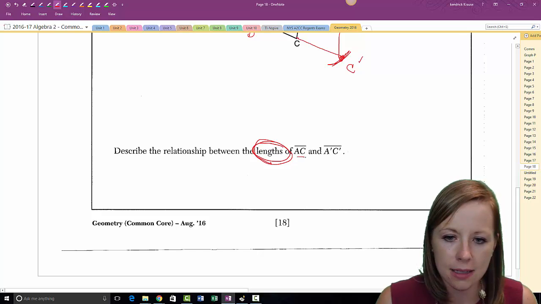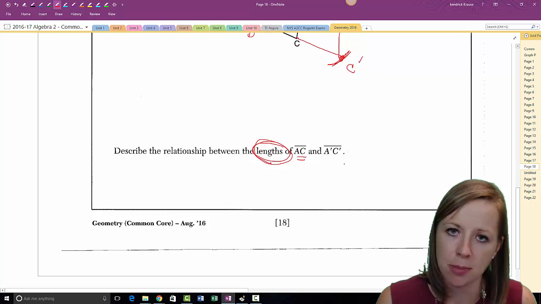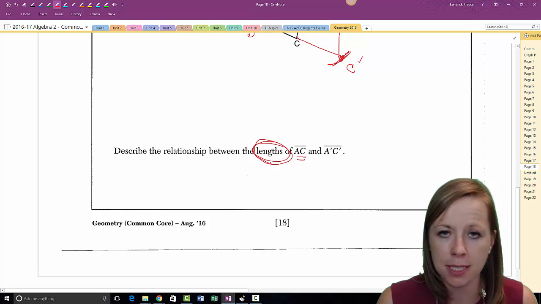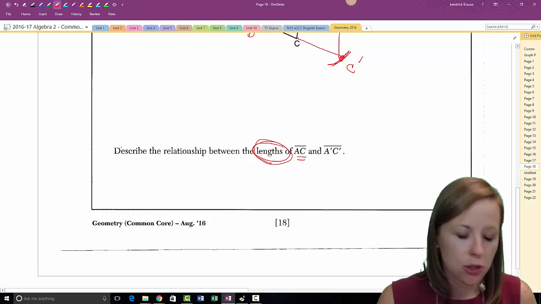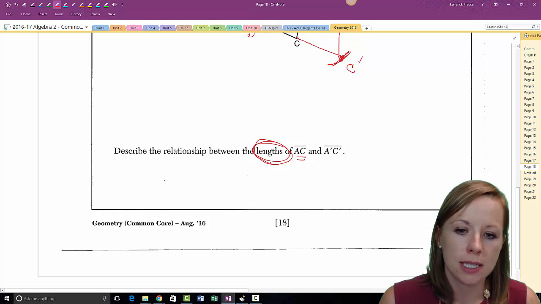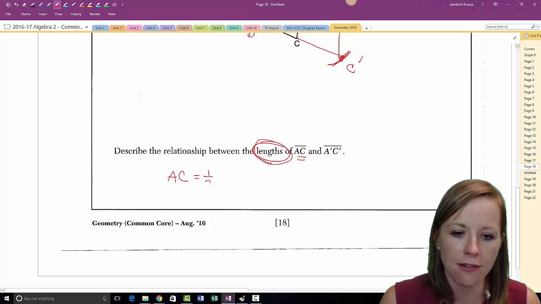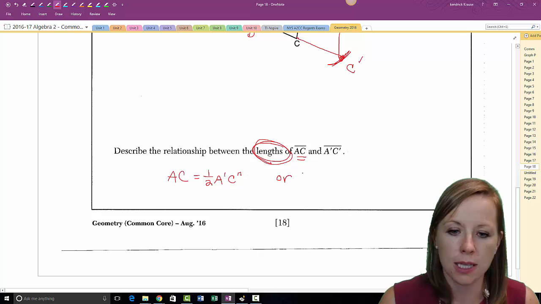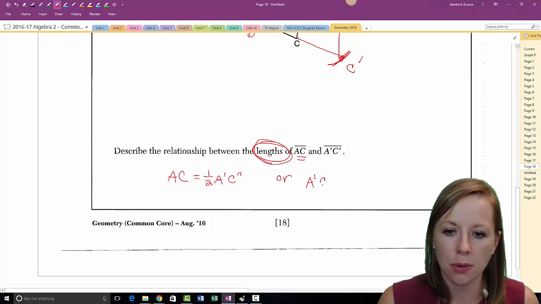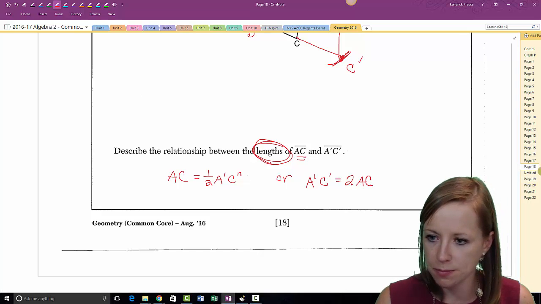So AC is what in terms of length? It's half of A prime C prime, or A prime C prime is double, so you can say it either way. You can say that AC is equal to half of A prime C prime, or you can say A prime C prime is 2 times AC. However you said it was perfectly fine.